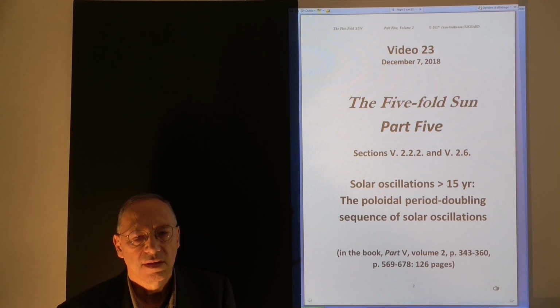But there are indications, evidence and observations that such a sequence might actually exist. Therefore, we introduce it today with the goal to encourage researchers to check this hypothesis.